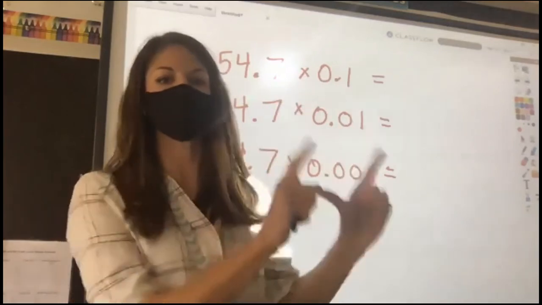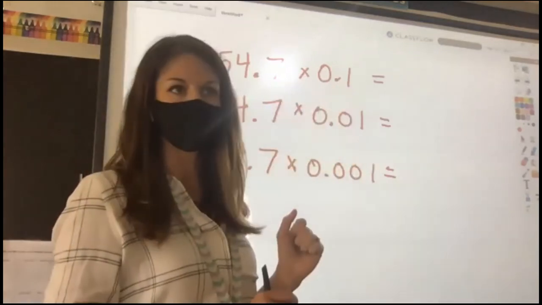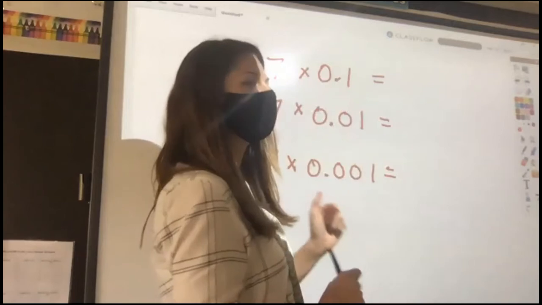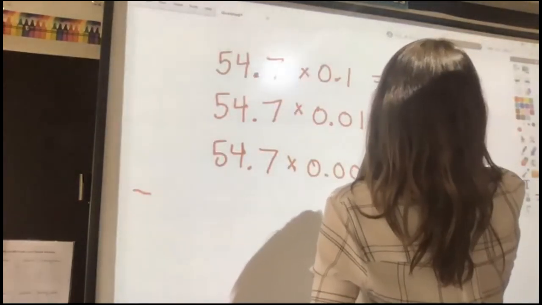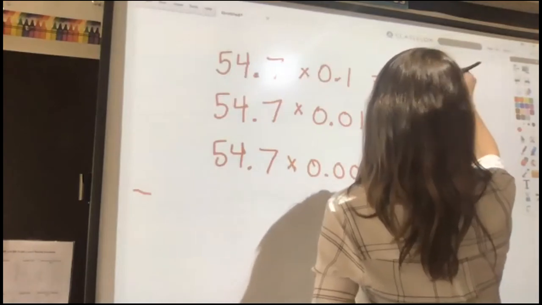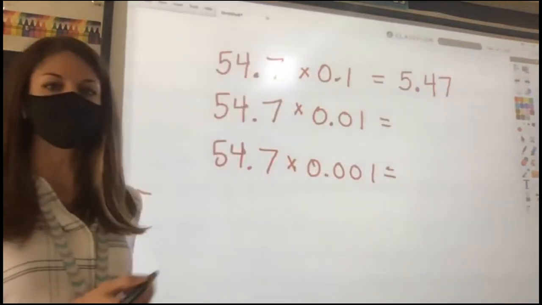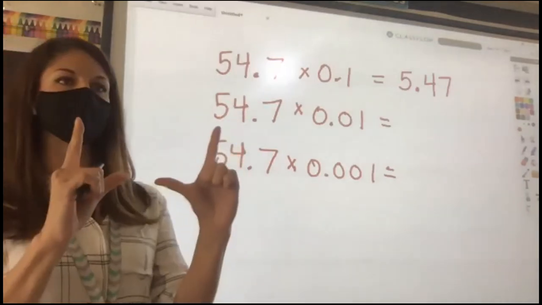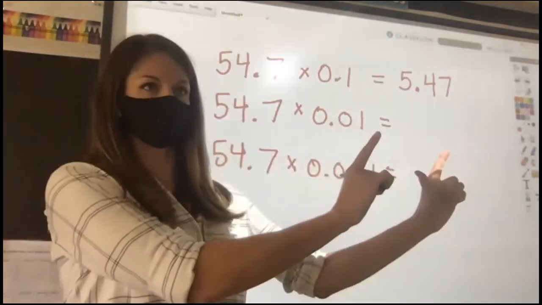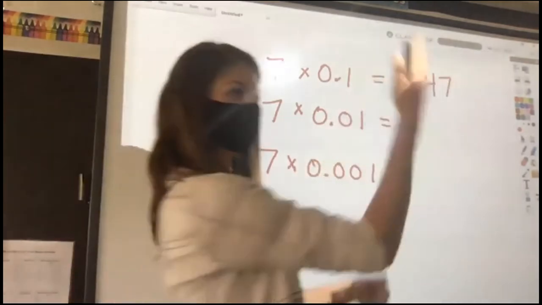Imagine picking them up and scooching them down one slot. Tell me the result of that number. 5.47. Is that what you got? What if you took 54.7 and slid it 2 place values over? Where would it be? Say it out loud.